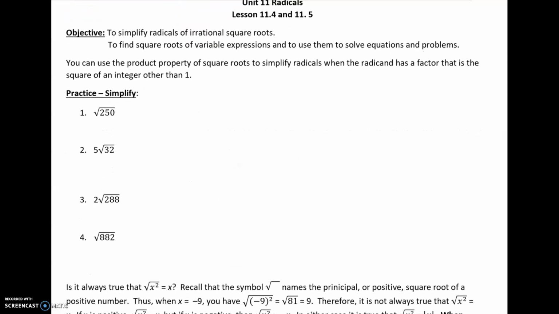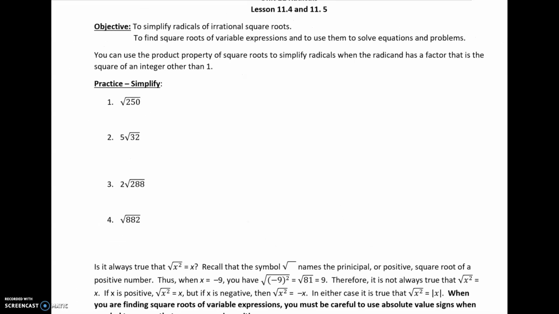Okay, so now we're going to the next lesson, and this is where they're not just perfect square factors. So we're going to be looking for factors that help us to find perfect square factors. Okay, so for example, the square root of 250.